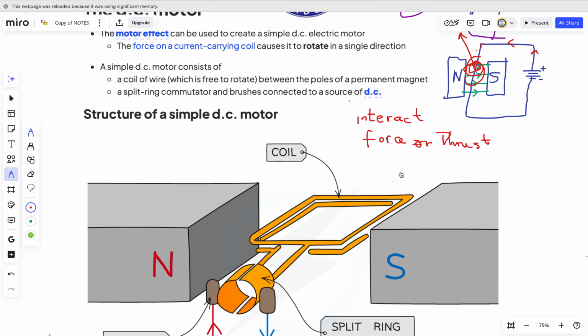A simple DC electric motor consists of a coil of wire that can rotate because of the motion created on this side and on this side. If a force is pulling one side up and another force is pulling the other side, a rotation will begin, and the rectangular coil will begin to rotate.